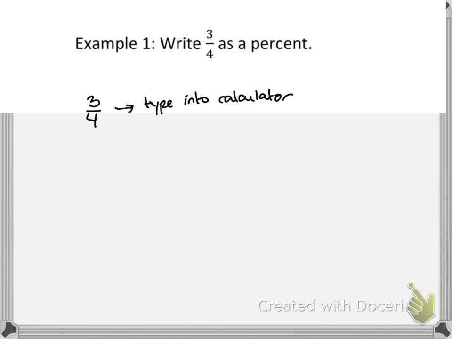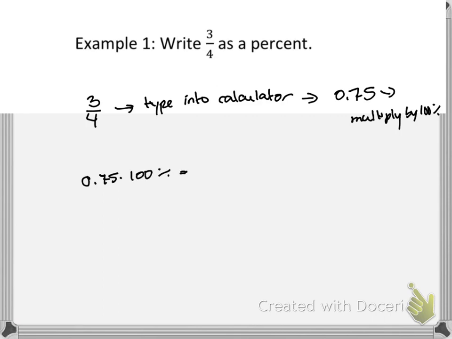Okay, and when we do that, our calculator hopefully gives us 0.75. And then all we have to do is multiply by 100%. So 0.75 times 100% is 75%.